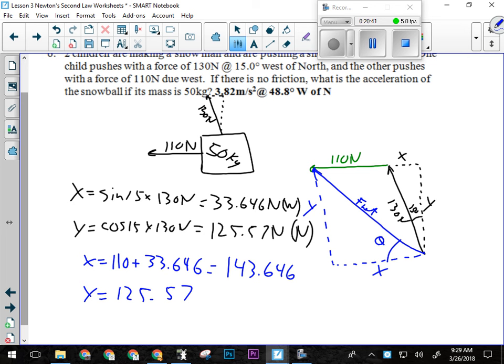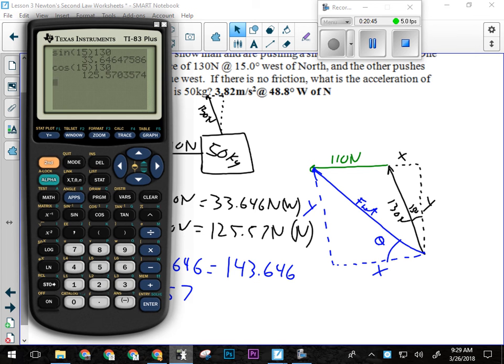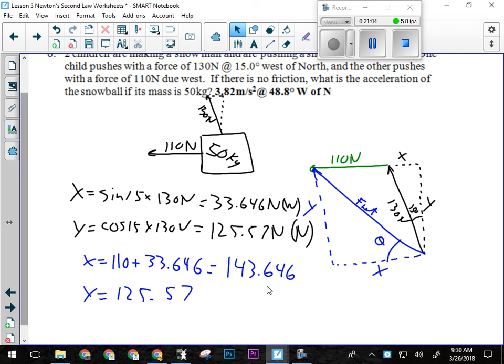Now that I have those, I can do Pythagorean theorem to get my net force. My net force is 190.794 newtons.